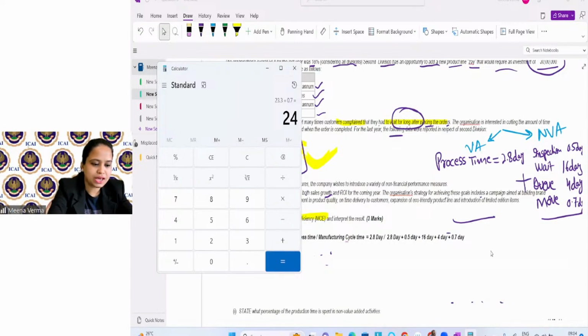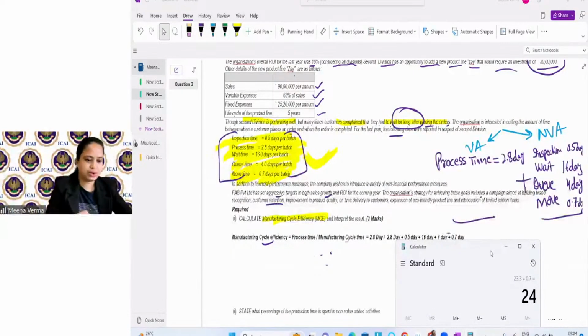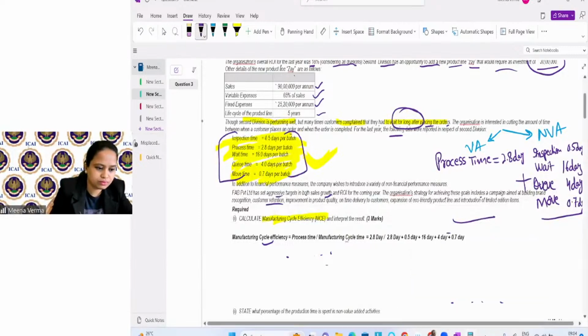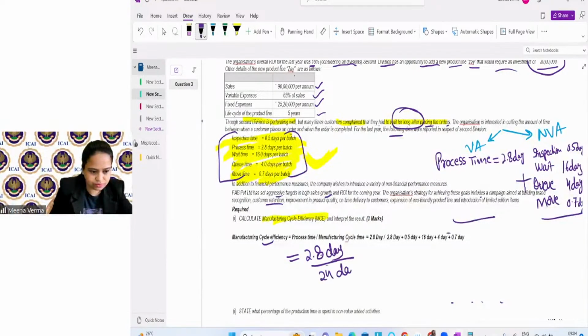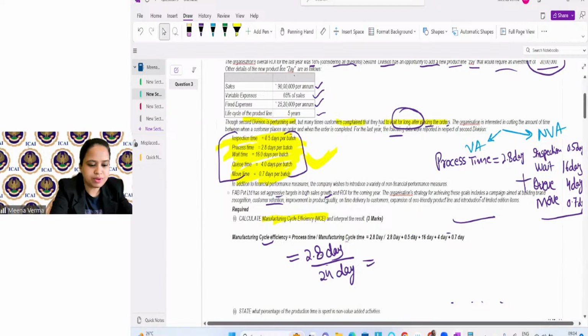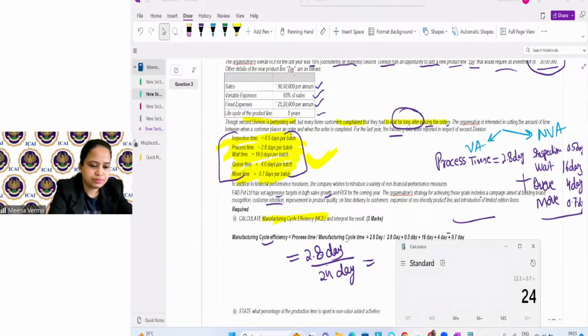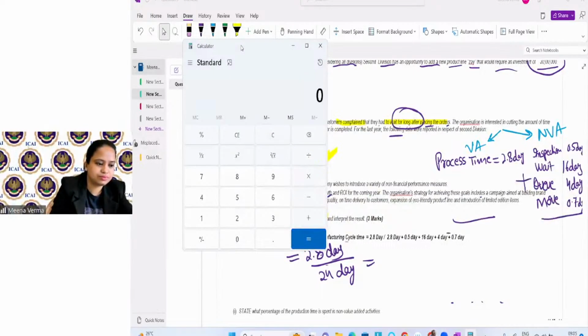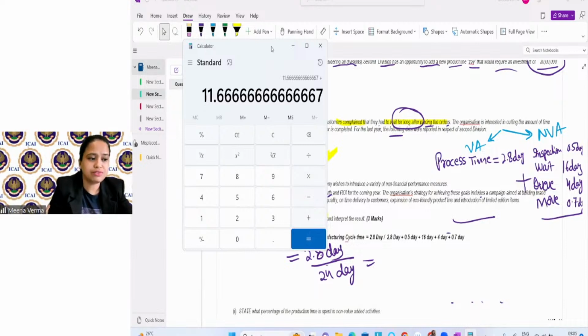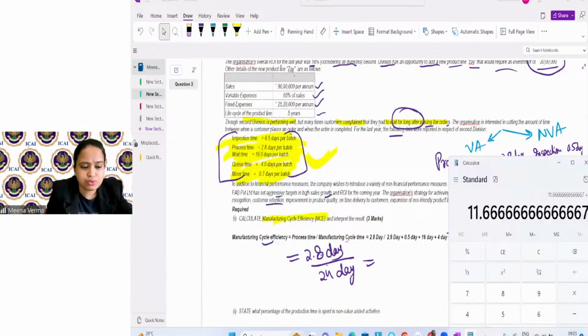So this is coming as 2.8 divided by 24, into 100. Oh, efficiency is very low. You can see just 11.67% efficient. No, it's not good, right?